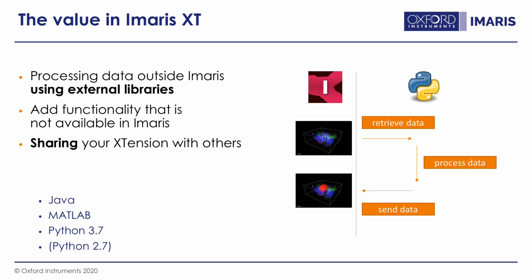MATLAB is also using the Java bindings, and there's also Python bindings. We have Python 3.7 support, and we had for a long time Python 2.7. It's still supported, but probably not much used anymore, as Python 2.7 is not developed any further.